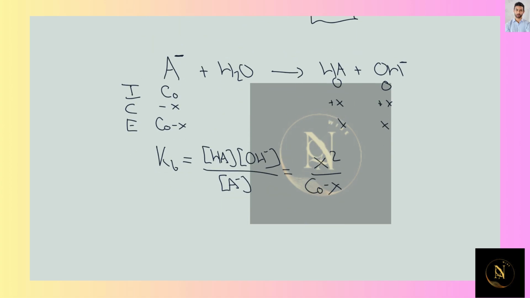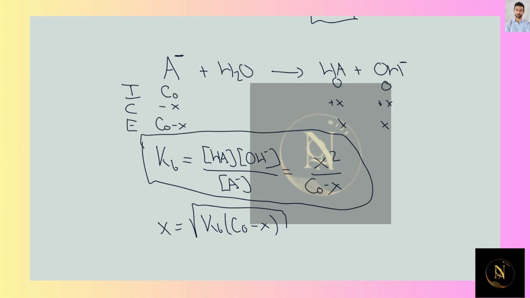So, if we want to solve for x, this is going to be equal to the square root of Kb times C0 minus x, right? We can solve for x directly here by solving the quadratic expression that comes from this.